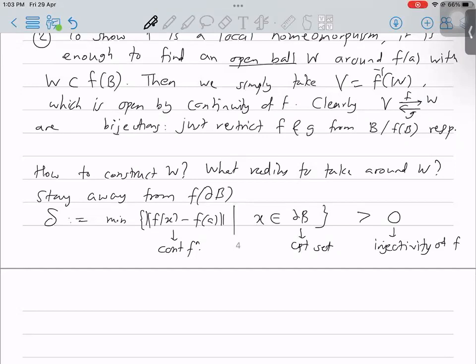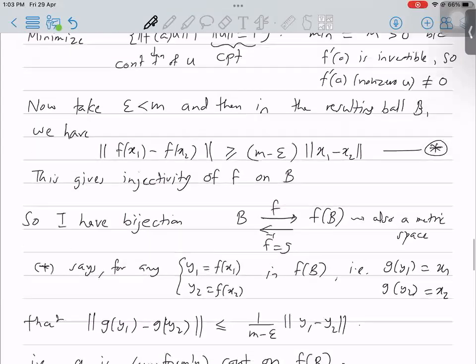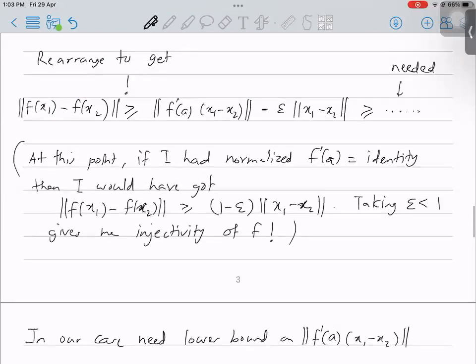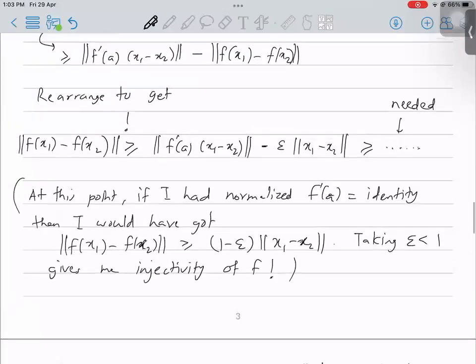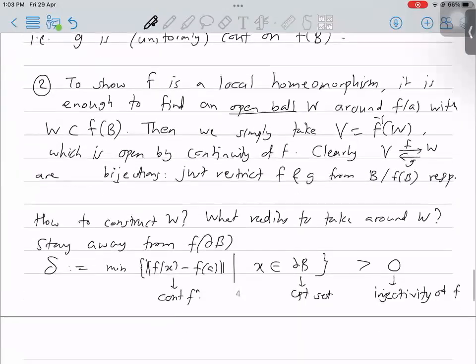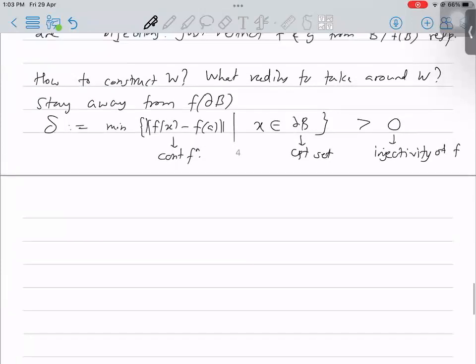So maybe what I should have said earlier is that I really want f to be, so this B bar is contained inside. Maybe I want to shrink the ball even a bit smaller so that even on B bar it is injective. So injectivity of f on B bar. Okay, so I hope things are okay.